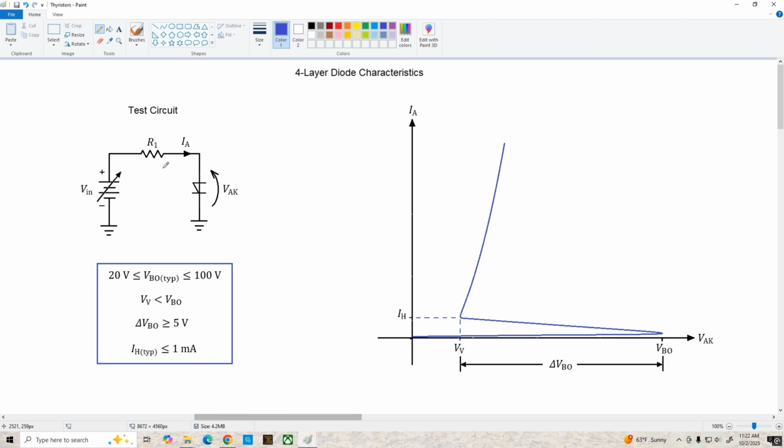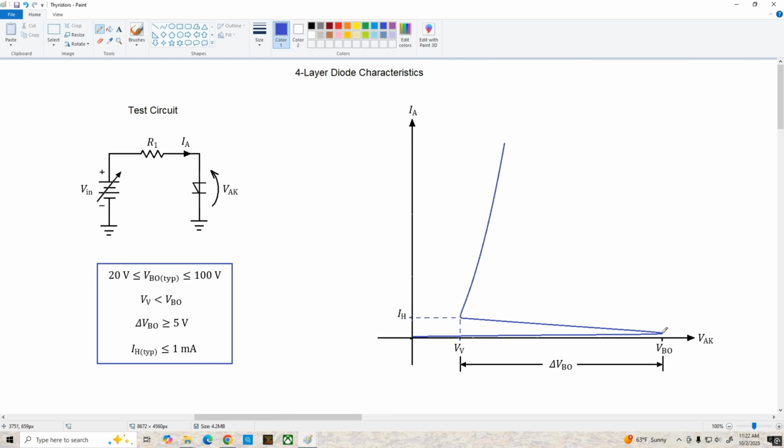Okay, here's our 4-layer diode in a test circuit. We're going to be applying a variable input voltage and monitoring the anode current and anode to cathode voltage drop. So starting with Vin equals 0 volts, as we increase the voltage we get very little current flow through the diode. It's just leakage current until we hit the breakover voltage where the internal transistors saturate.